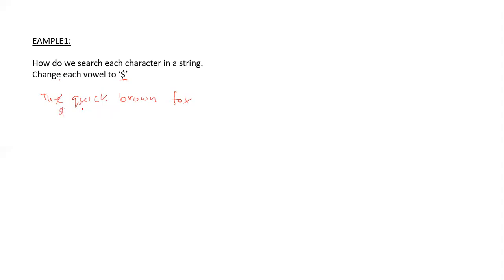Then I've got the U, dollar, I, dollar. I've got the O, dollar, and then again an O, dollar. So your new string should then become 'Th$ q$$ck br$wn f$x'. We've taken each vowel in the sentence and replaced it with a dollar.